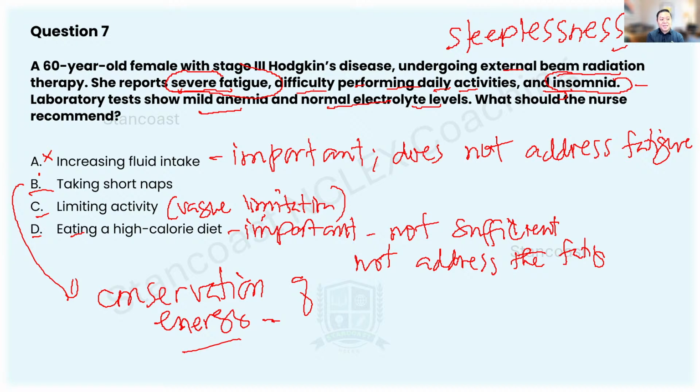But again, how are we going to do with this patient? We really need to choose the lesser evil this time, right? Which is basically to address the severe fatigue, right? Yeah, I know that in an ideal setting, we're going to have to address everything, right?